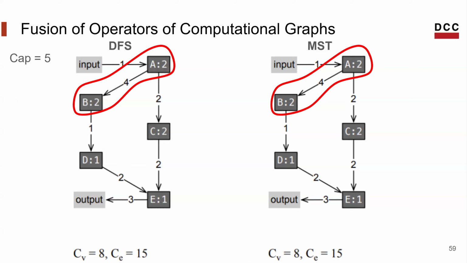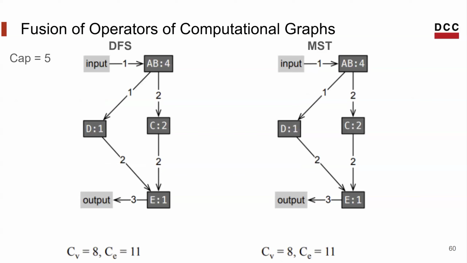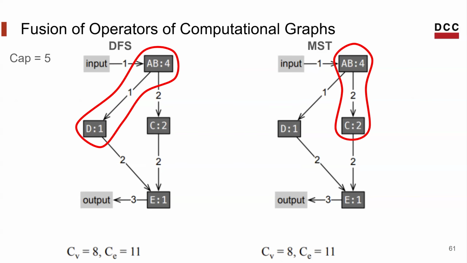The first choice of the methods will be the same because in both cases it is the best choice, resulting in the same solution. Now, the choice is different. The DFS algorithm will choose the next node D. However, MST will choose the best combination that will respect the capacity number. In this case, it will be the node C.